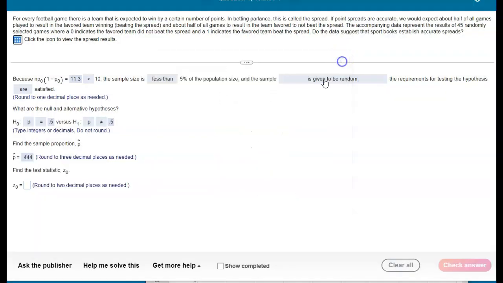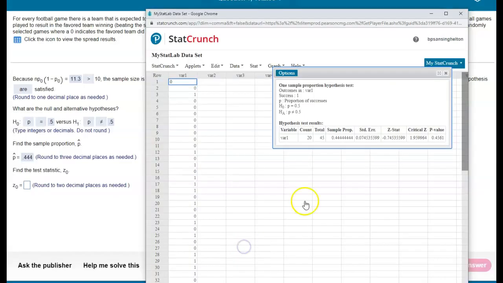And then the next part says find the test statistic z0. That's also in our output, and that is this z-stat. So z-stat is the z0 that's asked for in these problems. Again, round to 2 decimal places as needed. So that's negative 0.75.